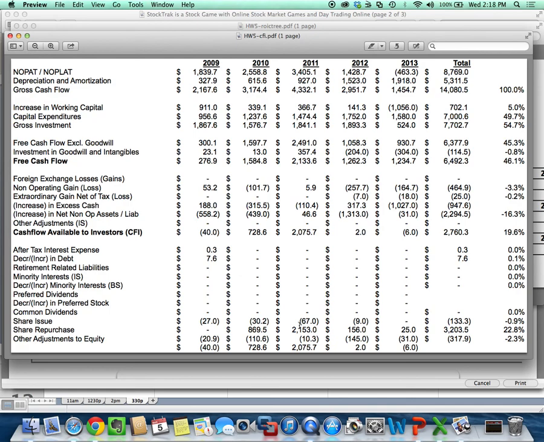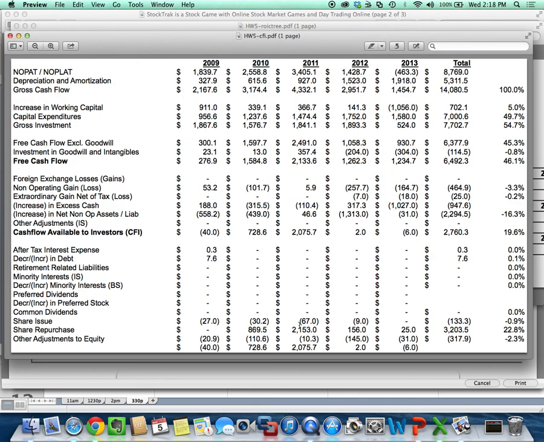They reinvested $7.7 billion of gross investment, most of that in capital expenditures, leaving free cash flow before acquisitions of $6.4 billion. They actually got about $114 million by disposing of assets, leading to about $6.5 billion of free cash flow, or a theoretical 46% payout rate, which meant they're reinvesting about 54 cents of every dollar back into the business, right, over the last 5 years.